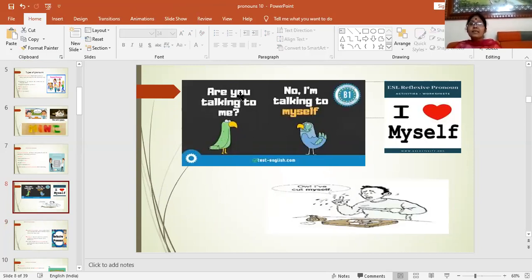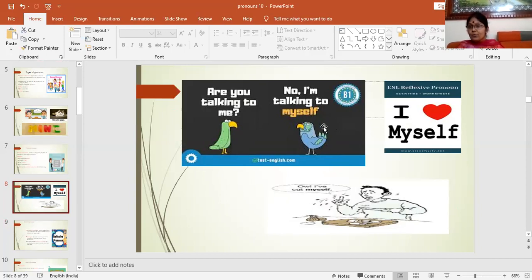Now let us look at this example. This bird is saying, are you talking to me? And this bird says, no, I'm talking to myself. Are you, subject, talking to me? Subject and object are there. But here, no, I'm talking to myself. I is the subject, myself, the object, is also the subject.